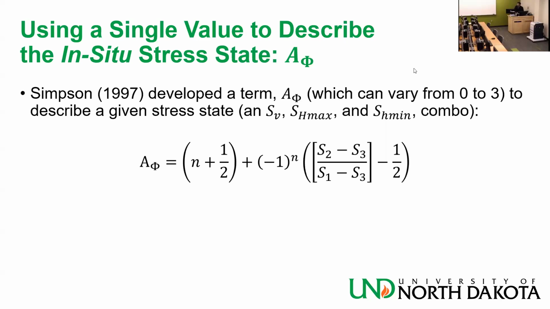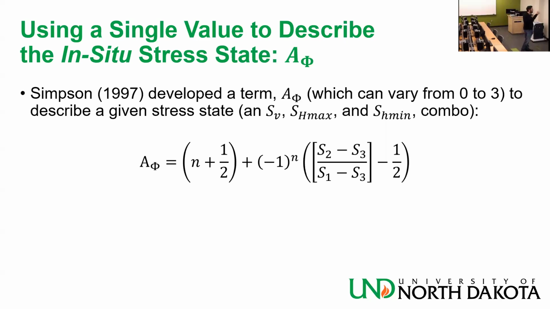And this is the equation you are going to use. It looks complicated, but it's not. You have four variables, S1, S2, S3, which you know how to handle. For normal faulting, SV is S1, SH max is S2, SH min is S3. For strike slip faulting, S1 is SH max, S2 is SV, and SH min is S3.